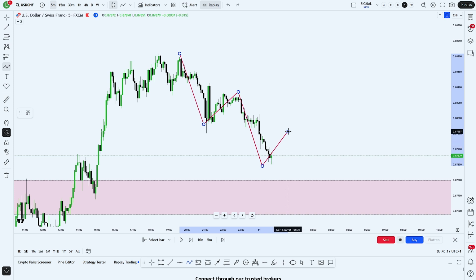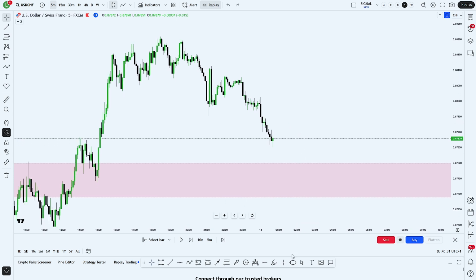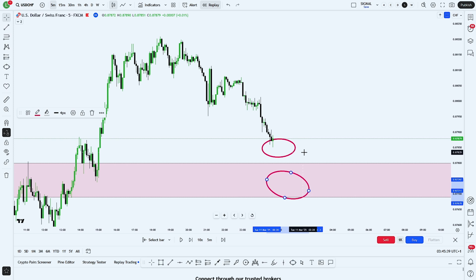Then we're expecting a new lower high to form at our point of interest, then a new lower low around this zone here. Currently on the 5 minute time frame, sellers are in charge of the market, and we can't take any trade opportunity right now because the price is here to mitigate our point of interest around this zone.